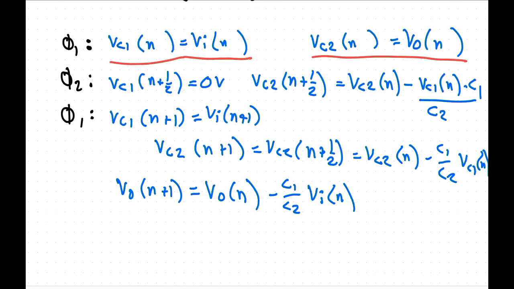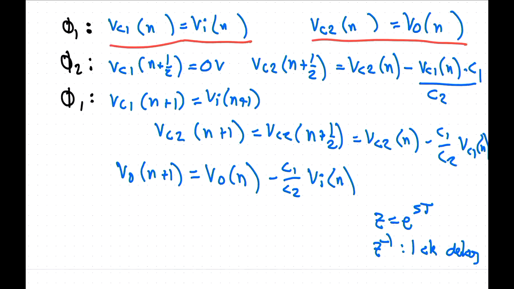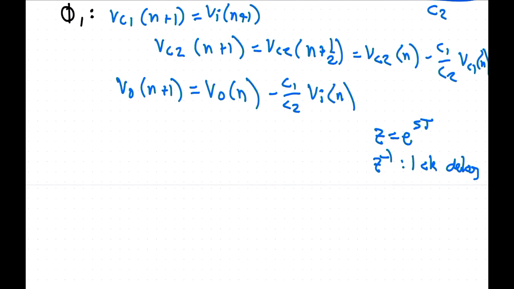So we have z equal to e to the power of sT, z to the minus 1, 1 clock delay. Yeah? So we have Vout, so this is in the z domain, Vout equal to Vout times z to the minus 1, minus C1 on C2 times Vin times z to the minus 1.